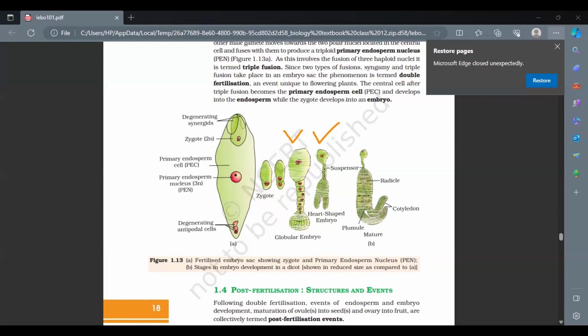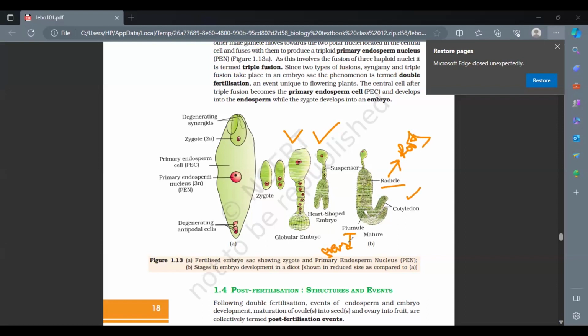Something like a heart-shaped structure is there. And then finally, when the embryo is growing, it has started forming the radicle, the cotyledons and the plumule, right? Radicle will in future form the roots, right? Plumule in future will form the stem part, right? So again, the growth of the embryo is happening and it is forming different forms.